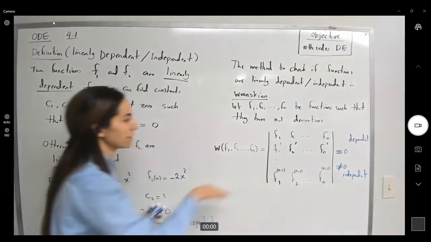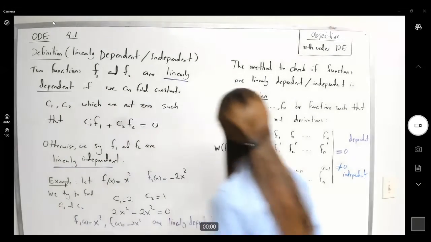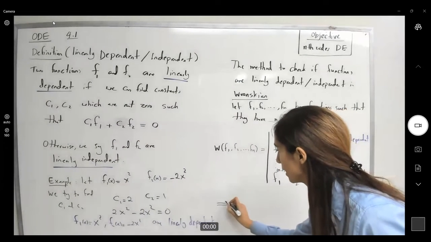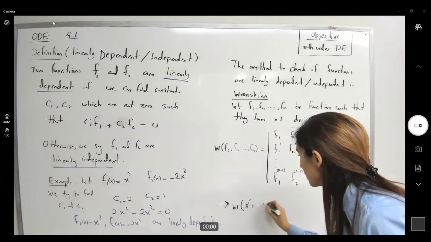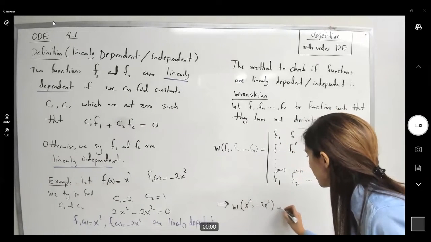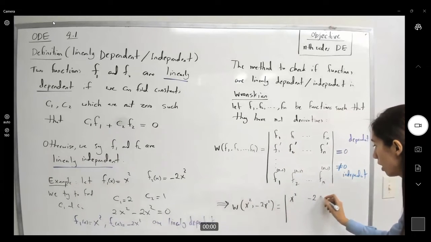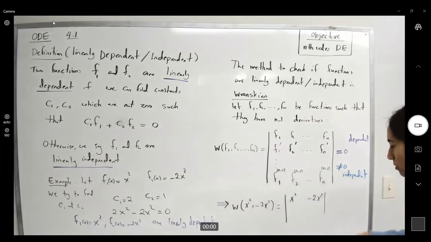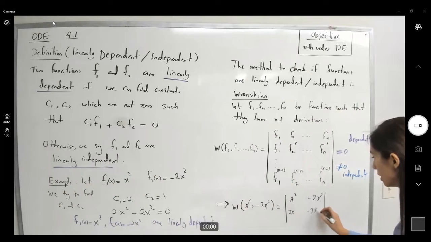This trick, this method makes life much easier. For example, for this guy, if you form the Wronskian of x squared and negative 2x squared, you're going to copy down these functions on top, then it's a 2 by 2 matrix, the determinant of a 2 by 2 matrix, you get 2x, and you get negative 4x.